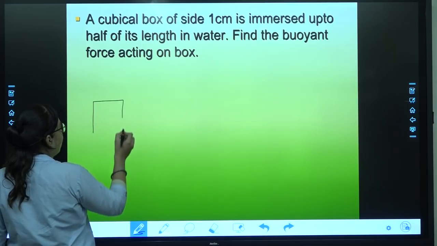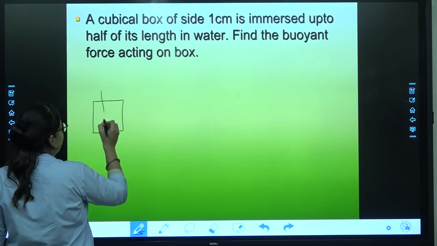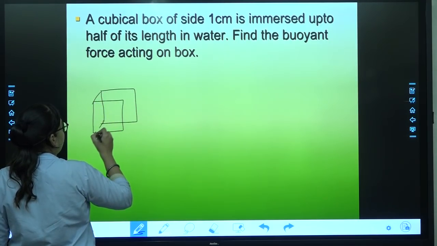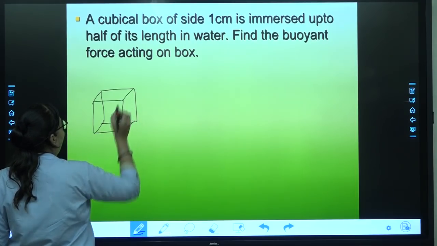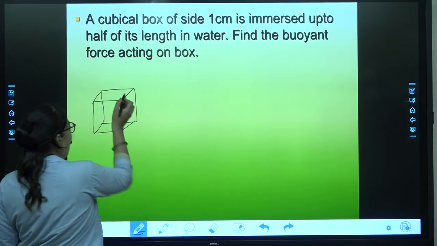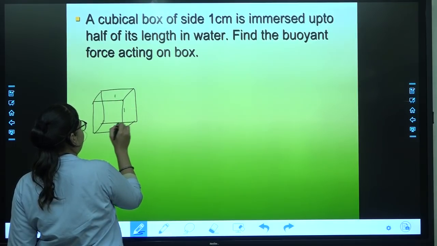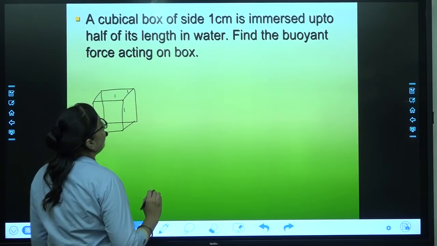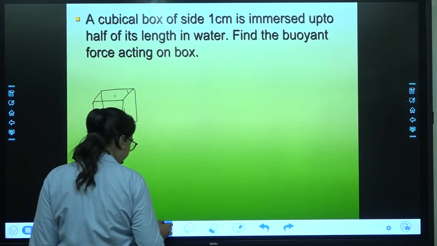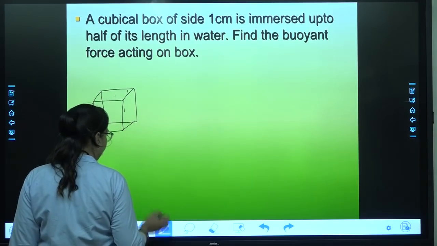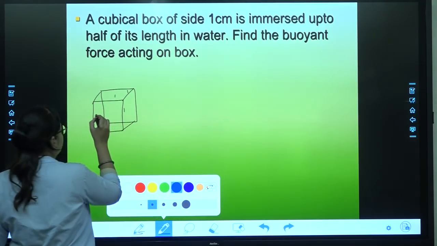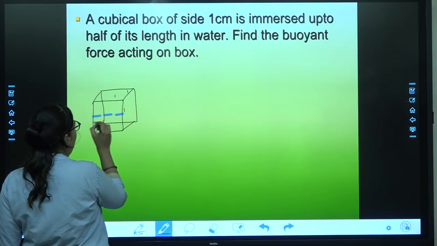You are having a cube, and what are the dimensions? The cube is of 1 centimeter. So all are of 1 centimeter each. Now it is filled up to half of its length. It is having water. So we have water over here, up to half of its length.